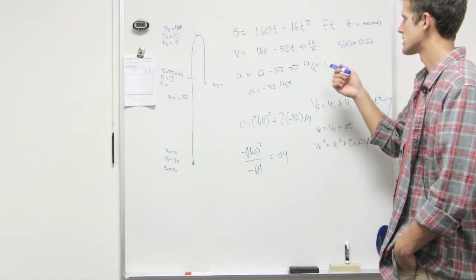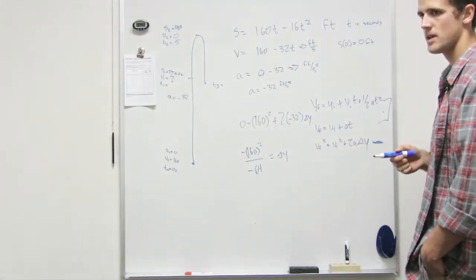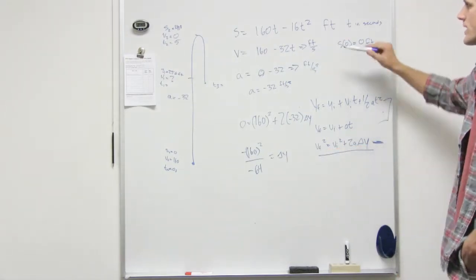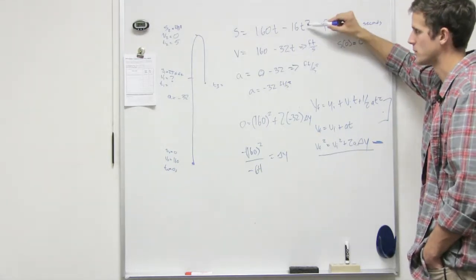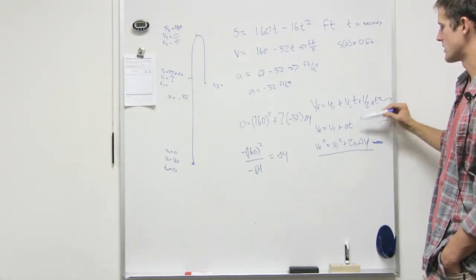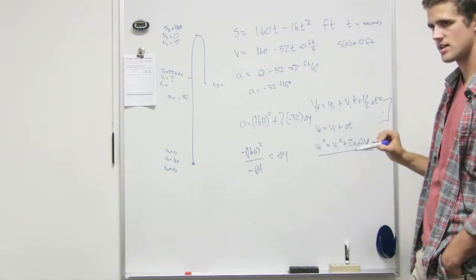So in calculus, you get these equations, that only gives you these two. Uh-huh. And then in physics, they went ahead and derived this one for us, because you remember we had to solve for time using this one, and go back and plug it in this one. Mm-hmm. We could have done that here too, we could have solved for time here and plugged it back in here. Instead, they gave us an equation that already does that for us.